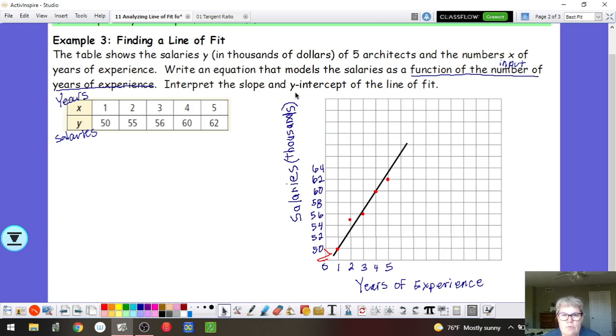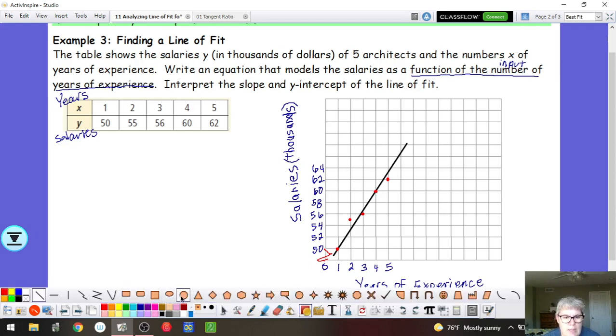So now I'm going to write my equation that models the salaries. Since I have it going through two of the data points, another thing I'm going to point out is those two data points are actual grid points as well on my line.